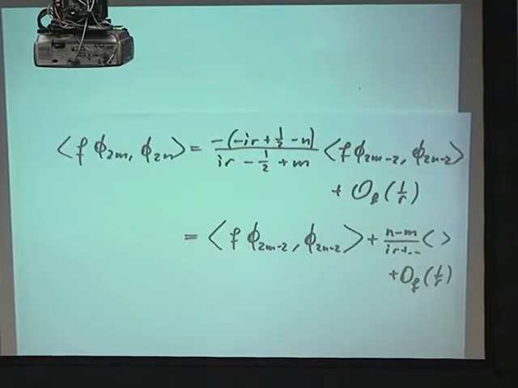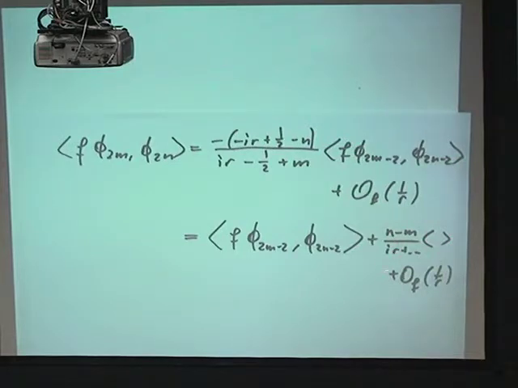Again, f is bounded, right? f is bounded. So this is bounded. So this expression here is bounded, and there's an r in the denominator.